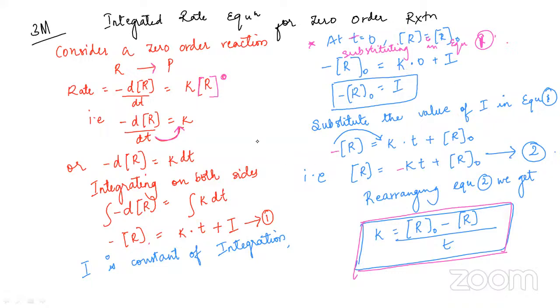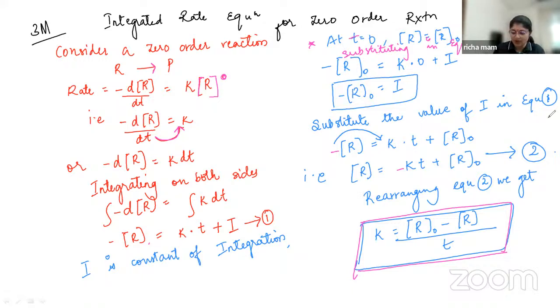Got it? Okay. So this is the integrated rate law expression for zero order. Got it up to here? Okay. Shall I clear this?